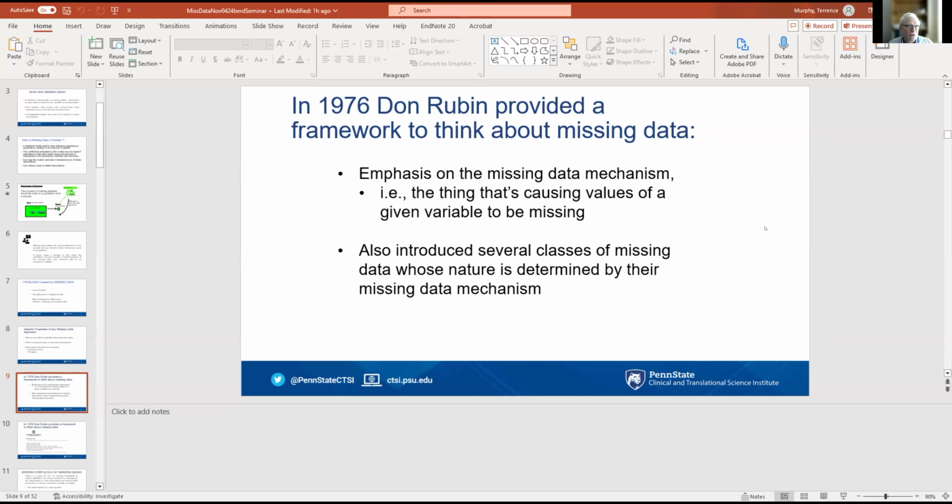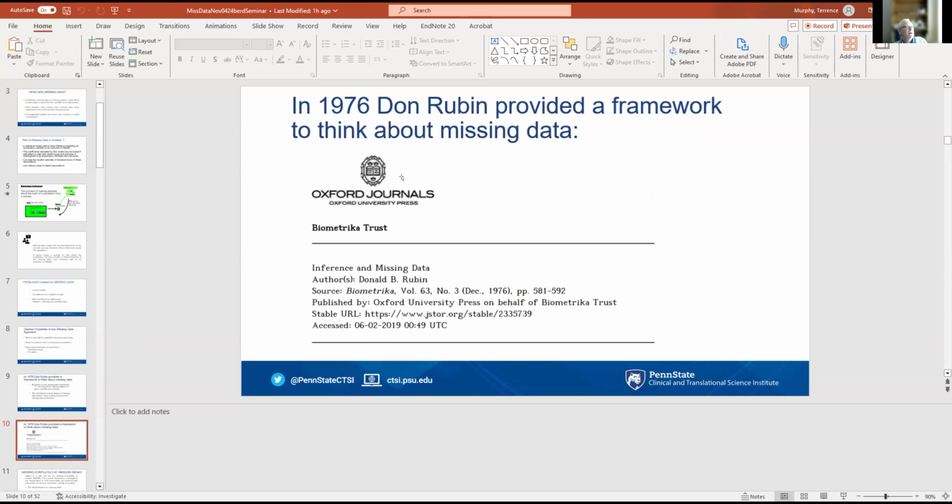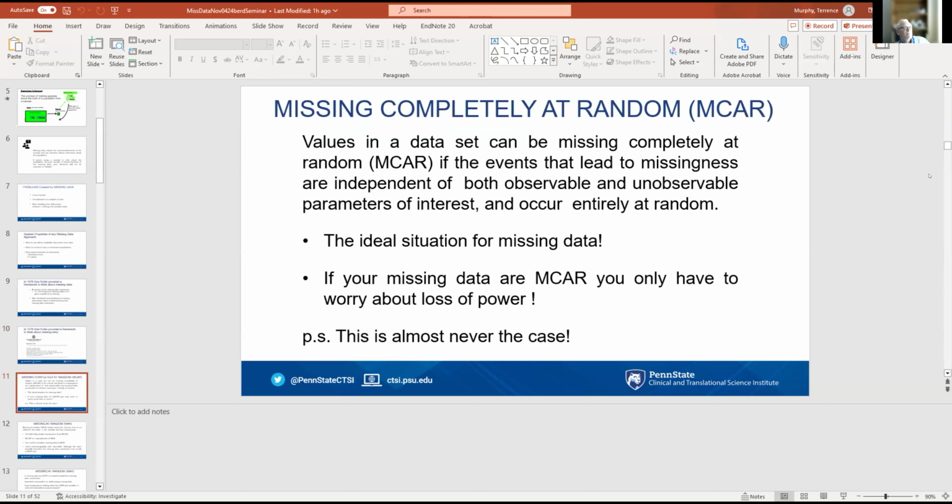And in order to help develop a framework, he introduced several classes of missing data whose nature is largely determined by their missing data mechanism. This was the paper in 1976, Inference in Missing Data. And this really started a revolution in how we were able to work with missing data.